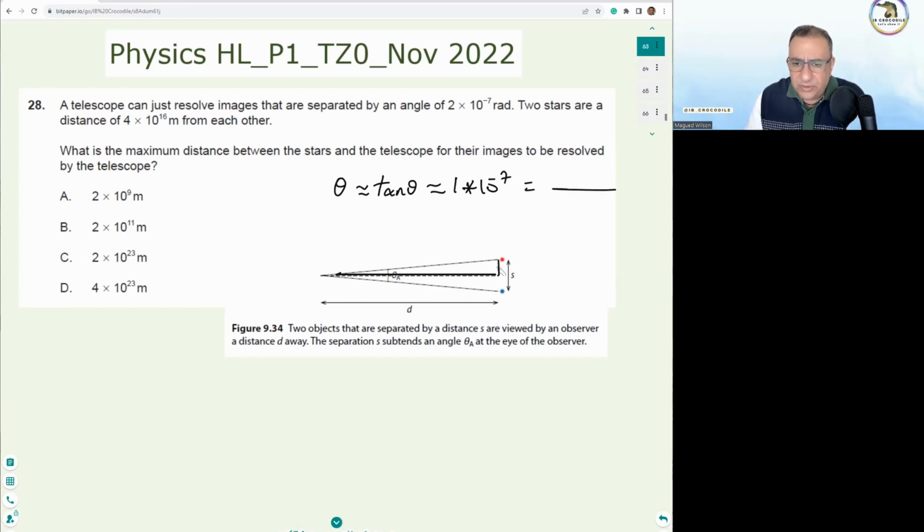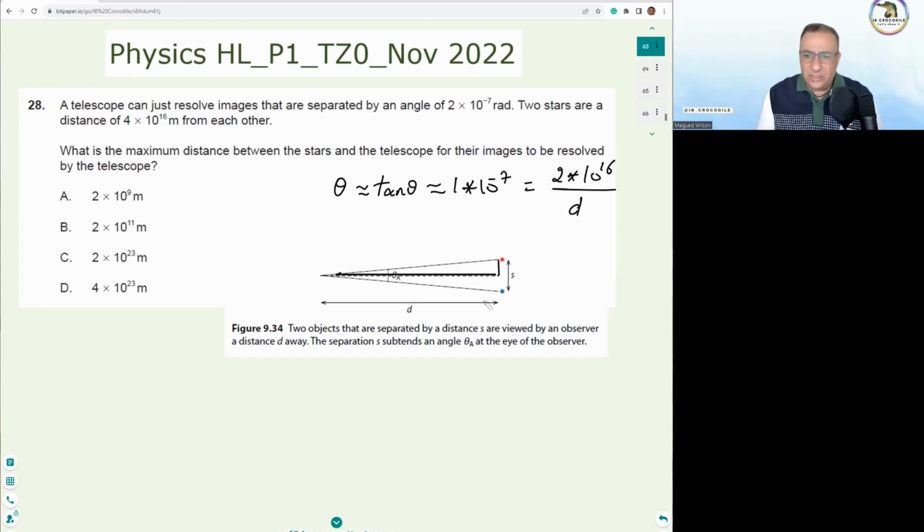The opposite in this triangle is half the distance between the two stars. The distance is 4 times 10 to the power of 16, so half of that is 2 times 10 to the power of 16, divided by d, which is what we are looking for.